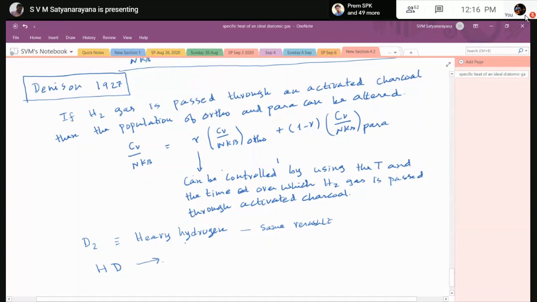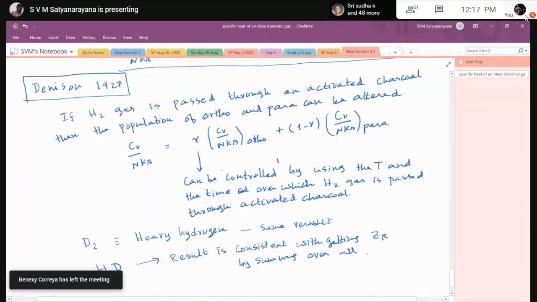Then you see that you don't have this. So the result is now consistent with getting your partition function z rho by summing over all j, 0, 1, 2.